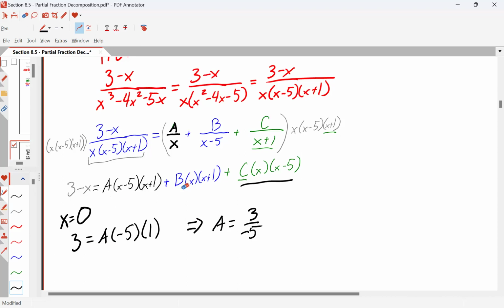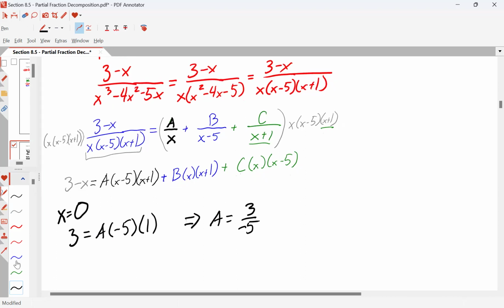We can repeat this process for B and C. So B, the factor that's missing is the x minus 5. When x equals 5, x minus 5 is 0. So that x minus 5 will go away to 0, and this x minus 5 will go away to 0, making these whole terms become 0.